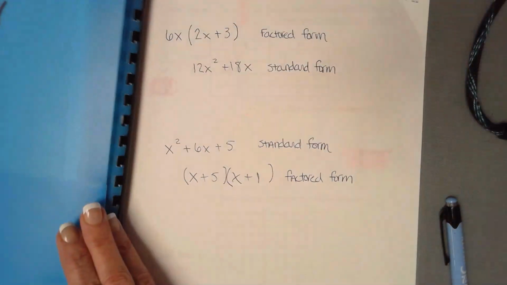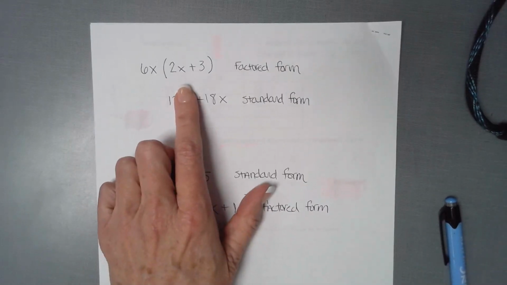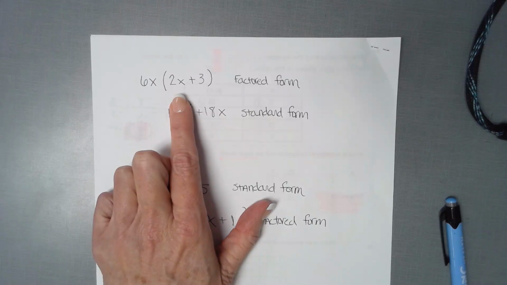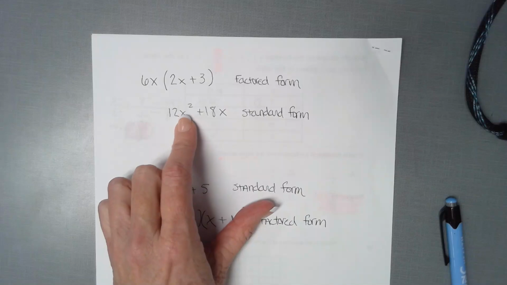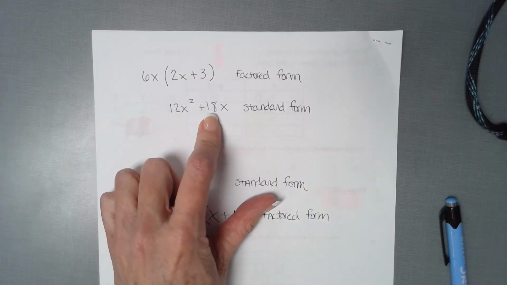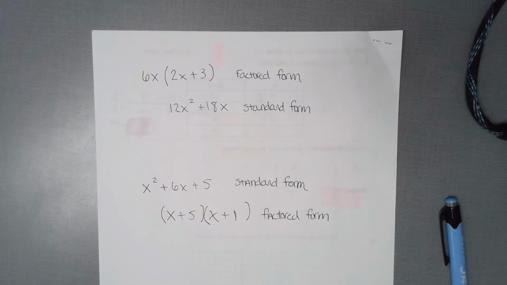Okay, here's another example. You guys know that if I gave you this and told you to multiply, you would distribute and get 12x squared. You would distribute and get 18x. Well, this is factored form. That's standard form. You guys know how to get from here to here. I'm going to show you how to get back today.